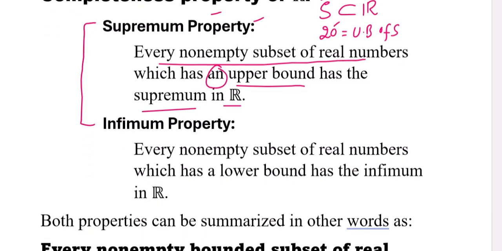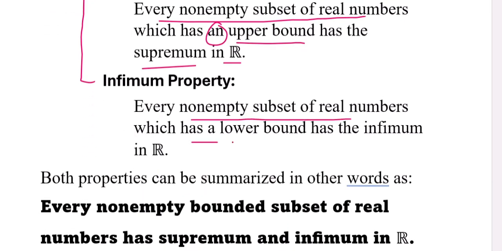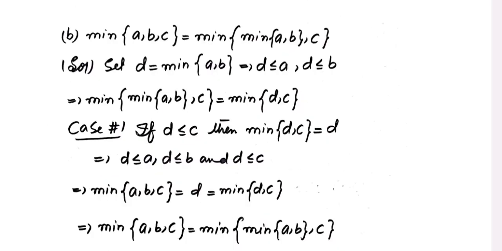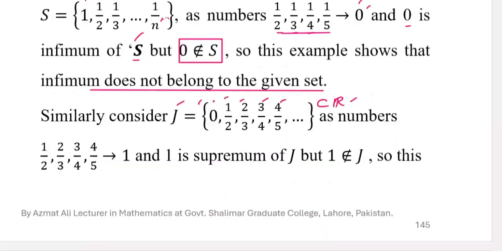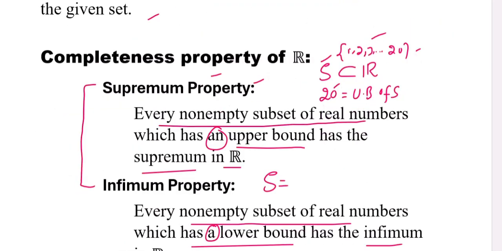Similarly, the infimum property can be defined as: every non-empty subset of real numbers which has a lower bound has an infimum in R. Now, if your set has a lower bound, then it is guaranteed that the set has an infimum in R. For example, again in this example, the lower bound of set S is 1. 1 is a lower bound of S, and the set is a subset of real numbers. So the infimum property guarantees that the infimum of this set must exist.